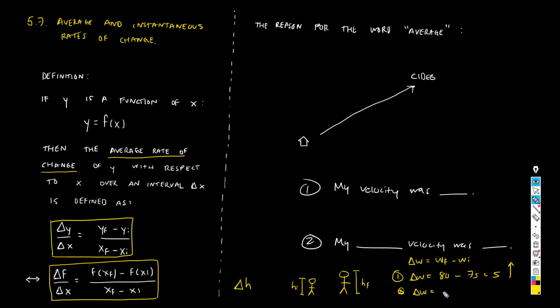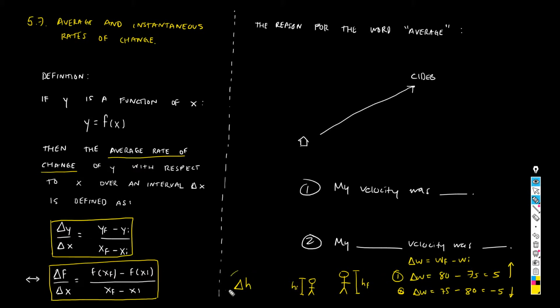Suppose you lose those extra kilograms: now your final weight is 75 and your initial weight was 80, so the change is minus 5, which represents a loss of weight. So the deltas of variables can be either positive or negative depending on the relative values of the final and initial values.